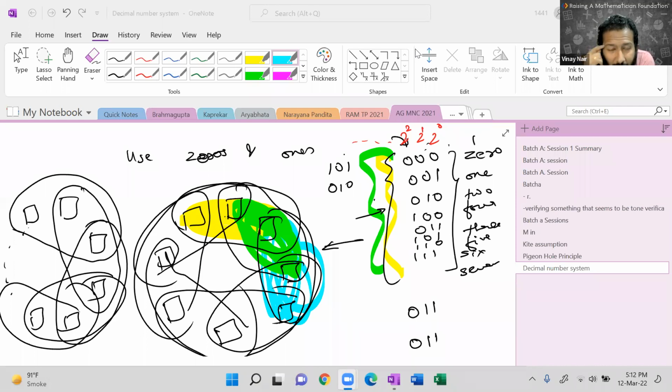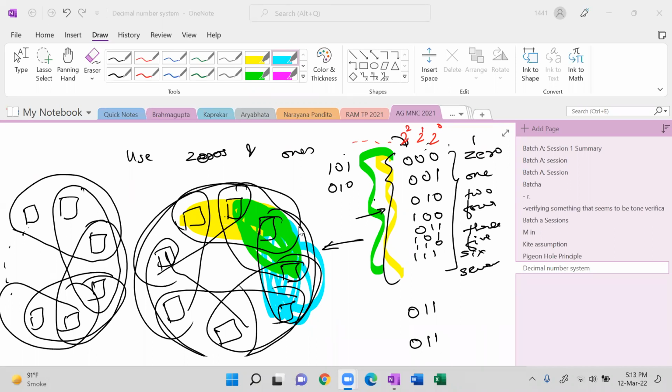Anushka, maybe you may want to recheck your answer. Meera, maybe you want to check if this is the only solution or are there more solutions? Okay, Urvi, you got one solution. Maybe you want to check if this is the only solution or are there more solutions?